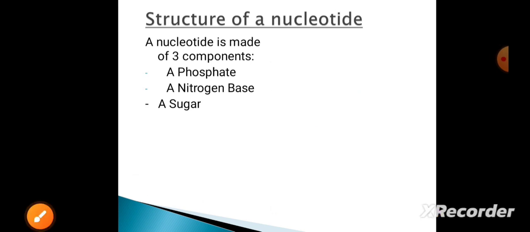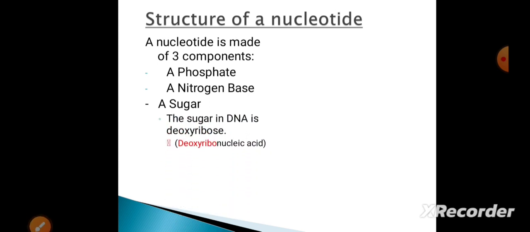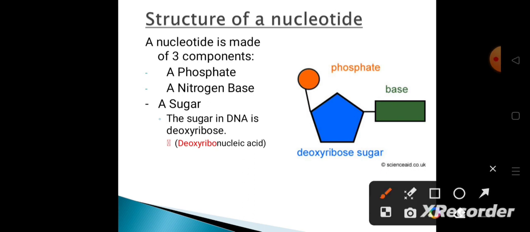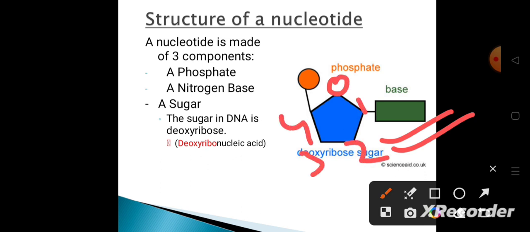Now moving forward, the sugar in DNA is deoxyribose, from deoxyribonucleic acid. This is the structure of a nucleotide with deoxyribose sugar. Here this is the base, the nitrogenous base, and it is always attached to the 1 prime. See here, O is here, then 1 prime, 2 prime, 3 prime, 4 prime and 5 prime.